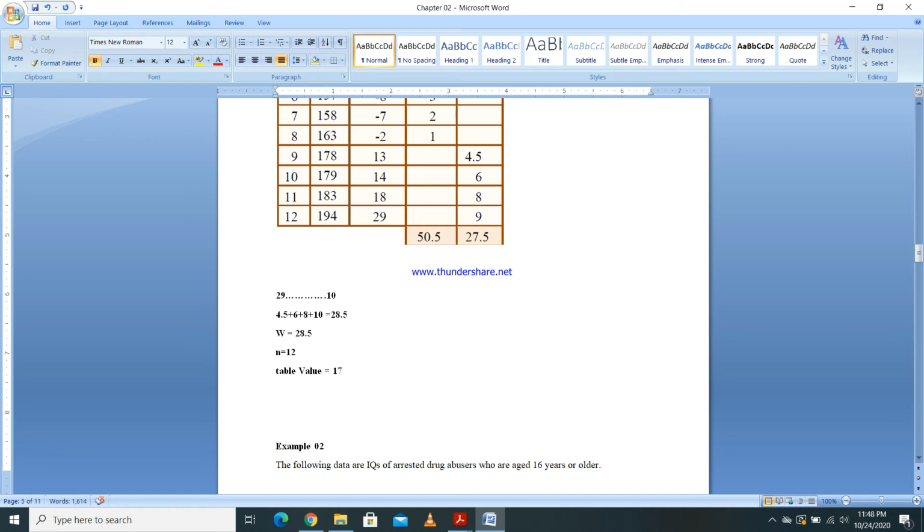So what is the decision? If the calculated value is less than or equal to the table value, we can reject H0. So in this case actually we can't reject. So we do not have enough evidence to reject H0.